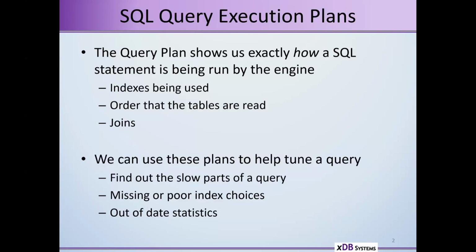It gives us a lot of information. And a query plan is probably our first step when it comes to tuning a slow query. We'll want to get the plan and start analyzing it to find out, where in this query is the slow part, and we'll find out the details from that query plan.